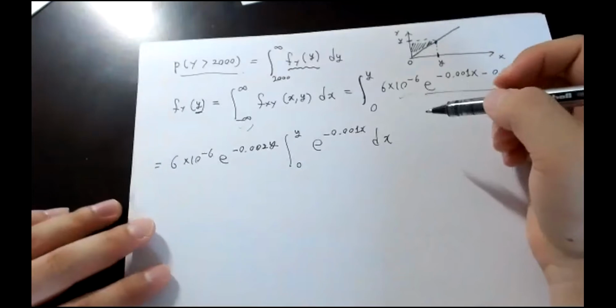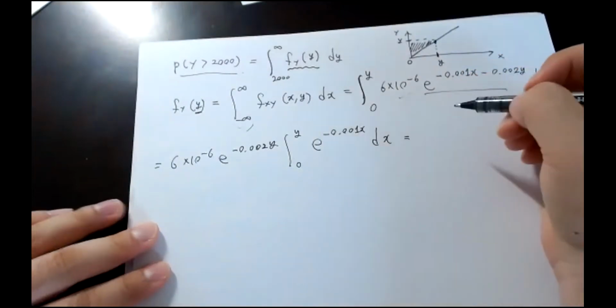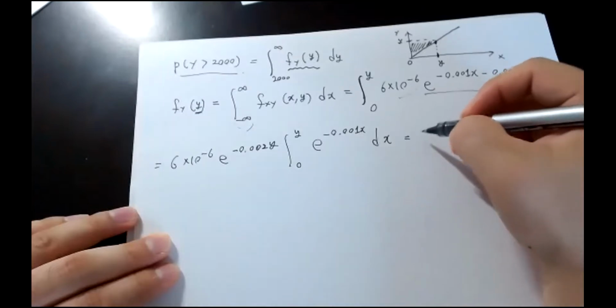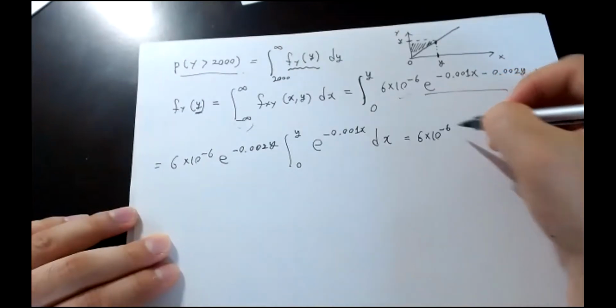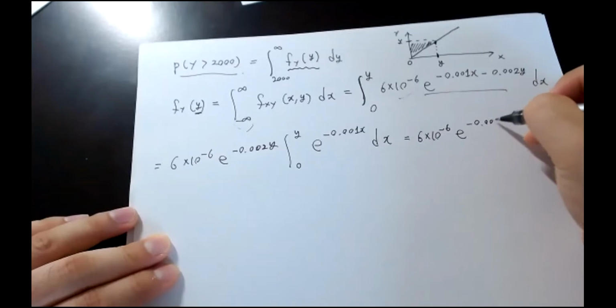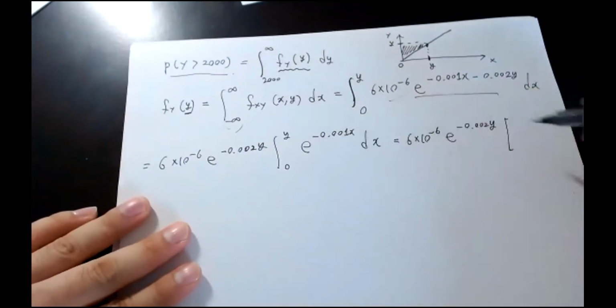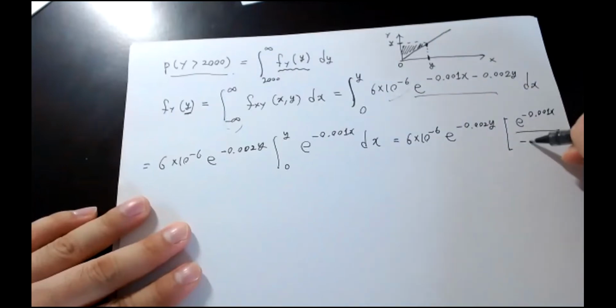So now this is equal to 6 times 10 to the negative 6 and e to the minus 0.002y, times the antiderivative of the exponential term, which is going to be e to the minus 0.001x over minus 0.001, from 0 to y.